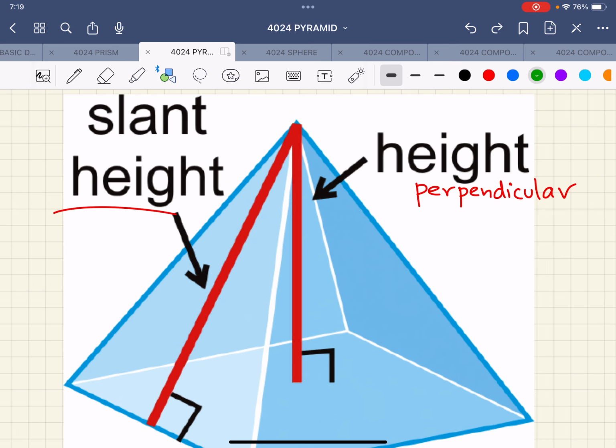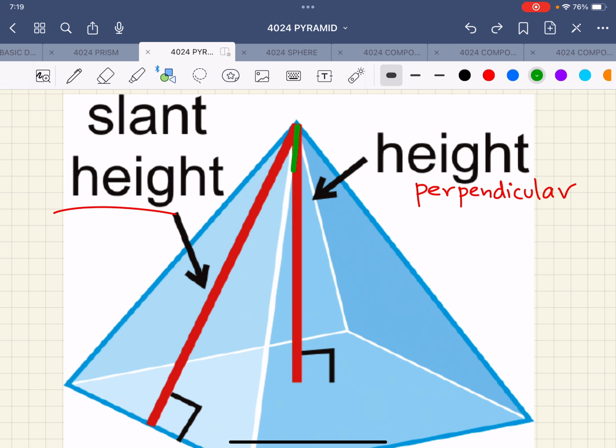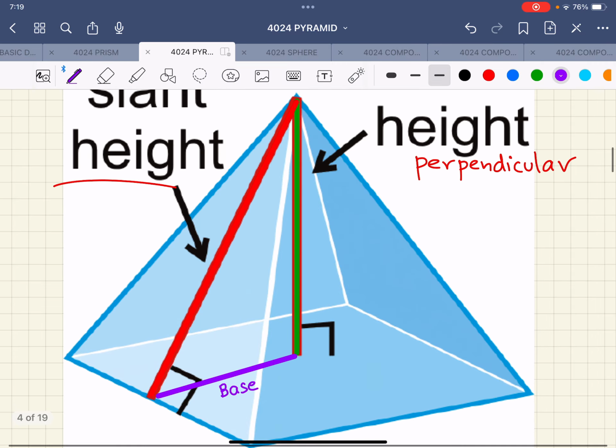If I draw a line like this, this is the perpendicular height, and this reddish one is the slant height over here. And then let me draw a purple line like this. This purple line is the base of this triangle. So this is the base, this is the height, and this is the slant height.